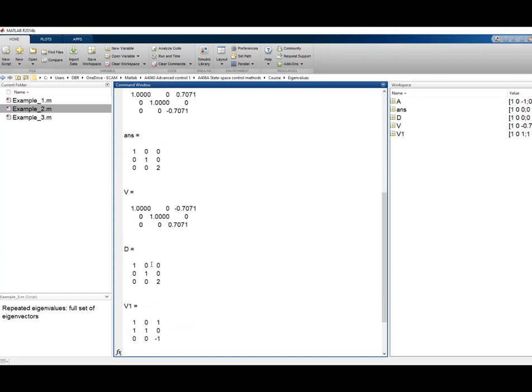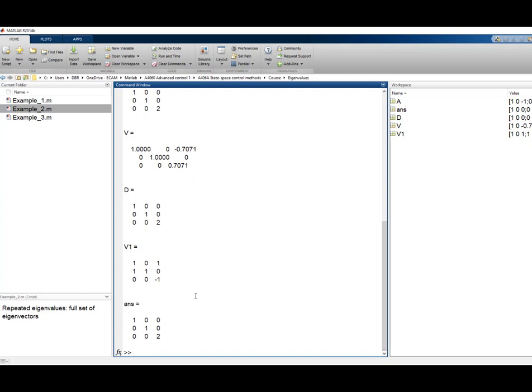This is what is being generated by MATLAB. This time it corresponds to what we have found. This is the v1 that we have used. It was different, but we still have two vectors v1 and v2 that are eigenvectors and that are independent, and again it generates the same diagonal matrix.